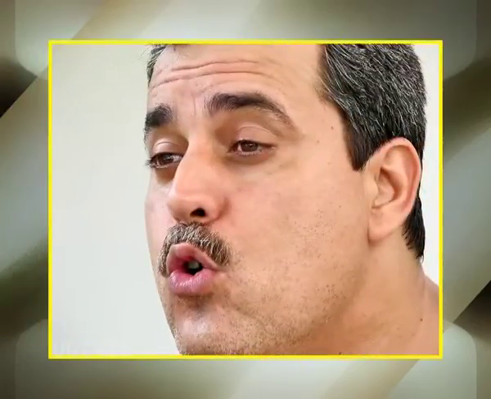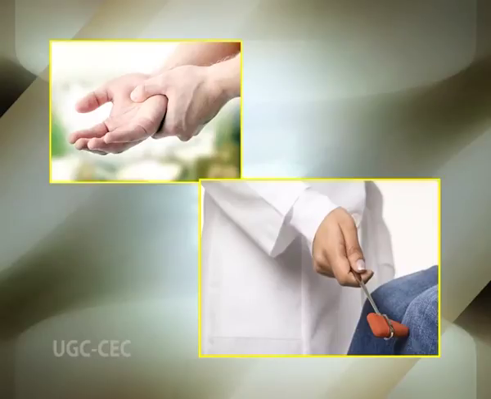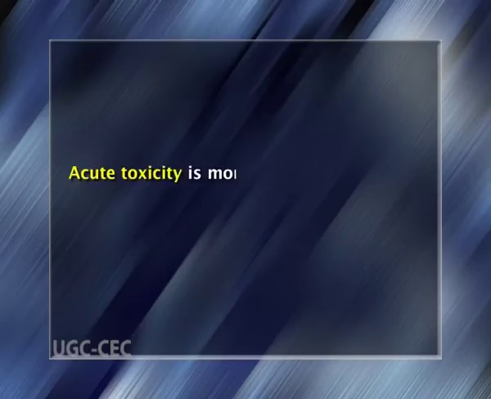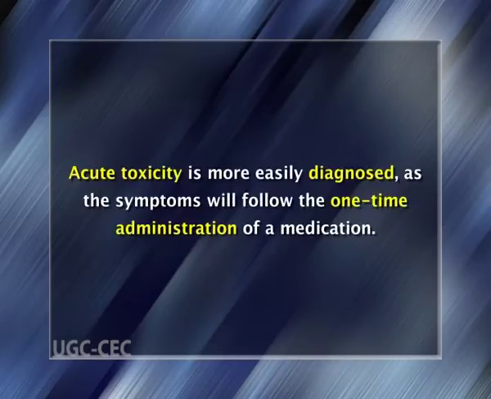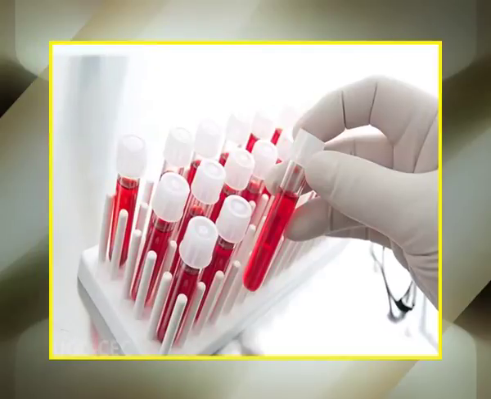Chronic lithium toxicity displays different symptoms including slurred speech, tremors and increased reflexes. Acute toxicity is more easily diagnosed as the symptoms will follow the one-time administration of a medication. Blood tests can also screen for levels of the medication in the person's bloodstream.